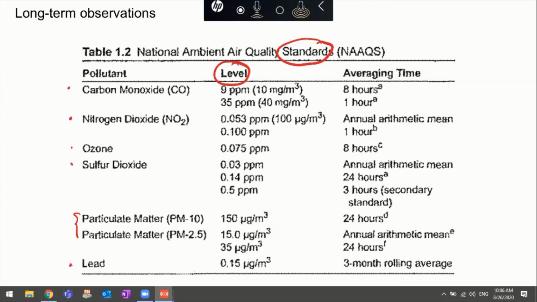In terms of the level, it's basically the concentration. For carbon monoxide, let's say, we actually have 2 different levels. One is 9 ppm, one is 35 ppm. ppm means parts per million.